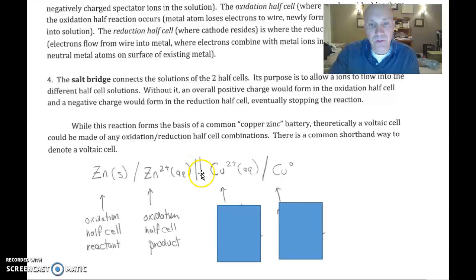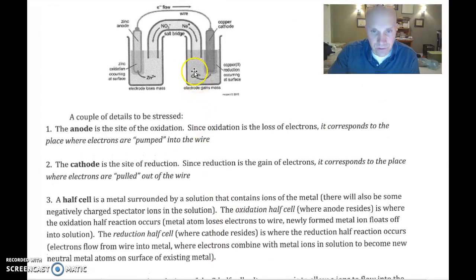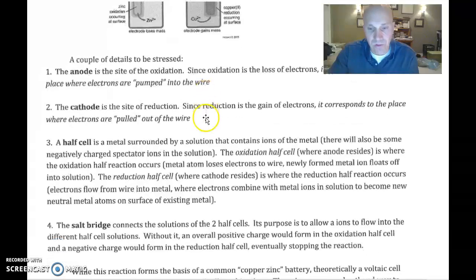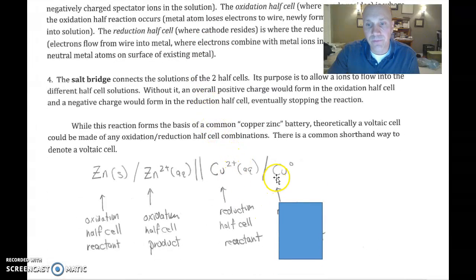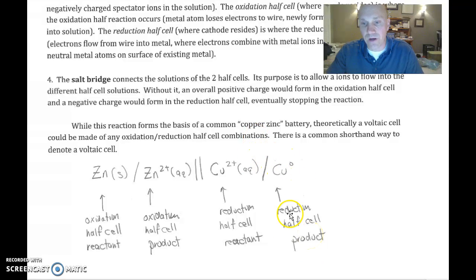All right. You have the two lines right here that represent the salt bridge, and then this is going to be the reduction half cell reactant. All right. So this is the reduction half cell. Copper +2 is the reactant there, and then copper metal, you put the slash, and then the thing on the right is going to be whatever the reduction half cell product is. All right.